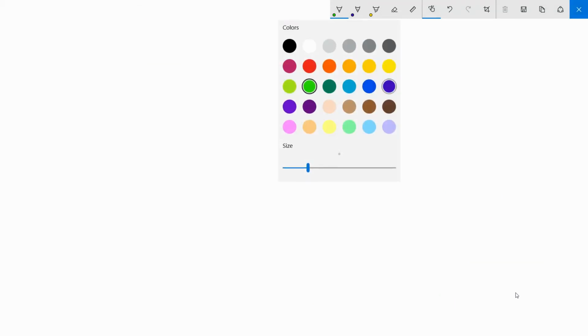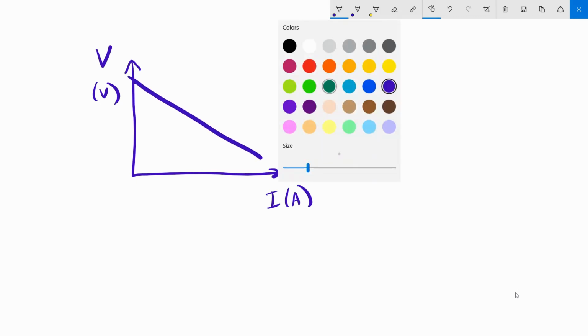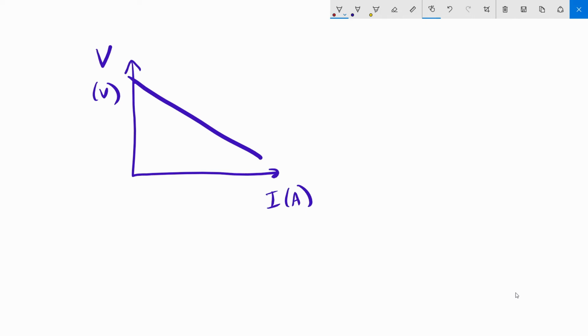So you will end up with a graph of V in volts against I in amps, and you'll end up with something like this. And we're saying that the equation of that line is y equals mx plus c.